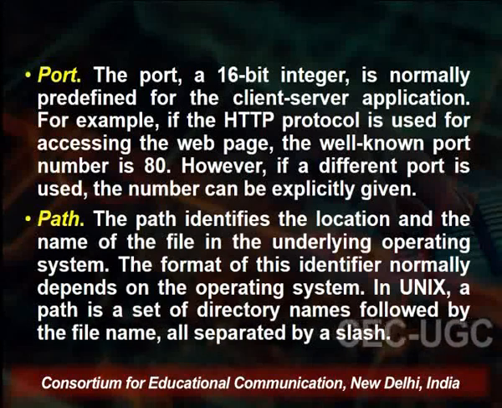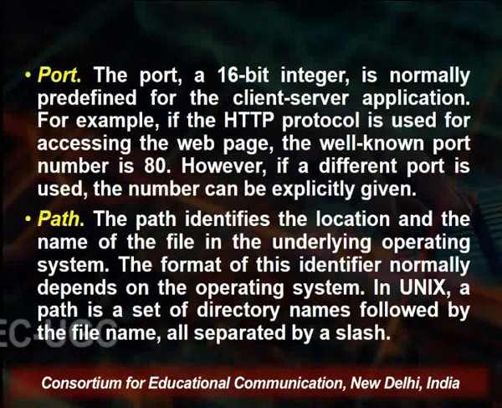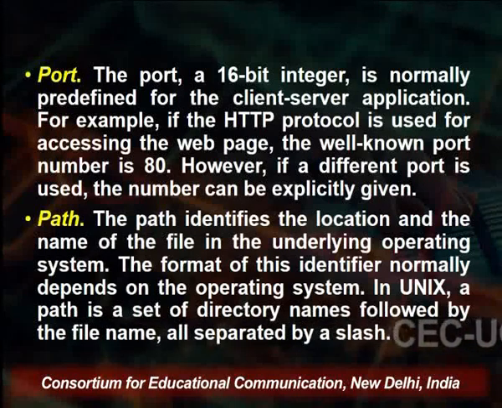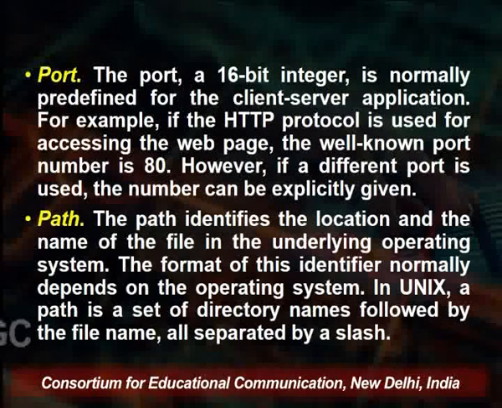And then finally, the last part of the URL is the path. Path means the location and the name of the file in the underlying operating system. When you are accessing a server, you are accessing a file on the server.